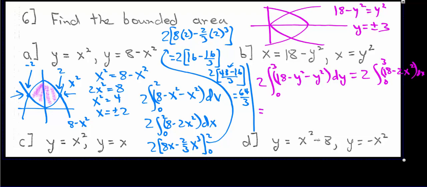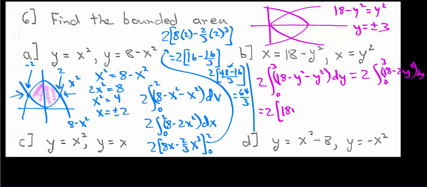So let's see what that's going to be. Here we go, 2, 18y. Ooh, look what I did. That's not good. We're integrating with respect to y. I'm losing control here. So this is y and this is y. Sorry about that.